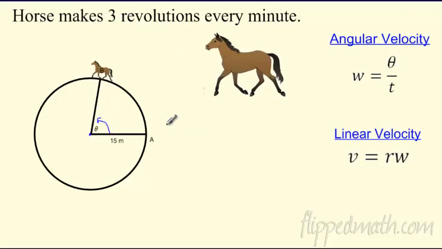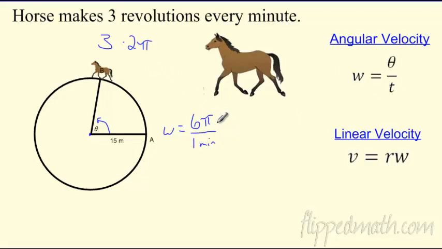If I want to use this formula to find the angular velocity, I just need to know what theta is. Well, what is theta? It's 3 revolutions. Theta has got to be in radians. So it's 3 revolutions at 2 pi each. His theta is actually 6 pi. What's the time? Every minute.